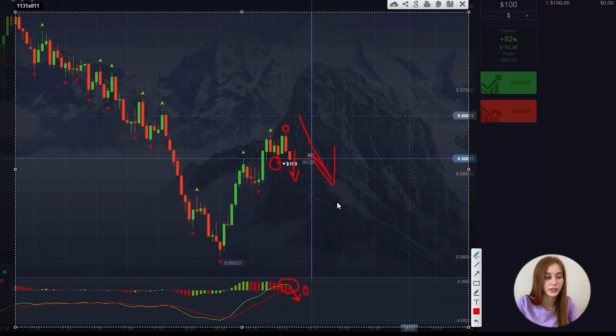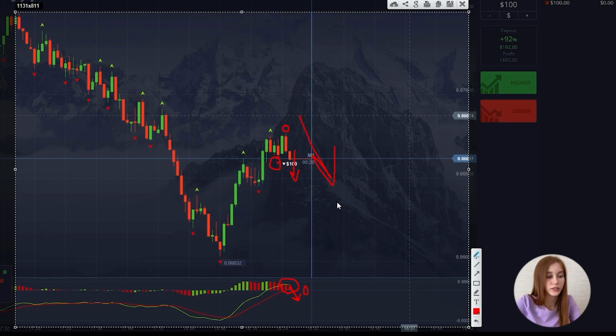An up fractal occurs when there's a series of at least 5 consecutive candles in which 2 lower highs are in front of and behind the highest high. For purchases, only candle highs are of interest, up fractals. For sales, the lows of candles are of interest, down fractals. The same candlestick can be both a down fractal and an up fractal.